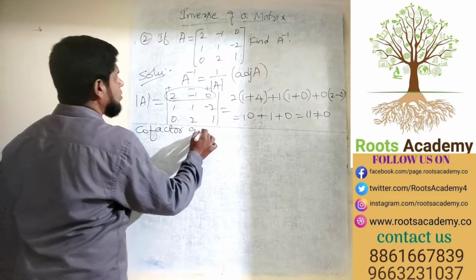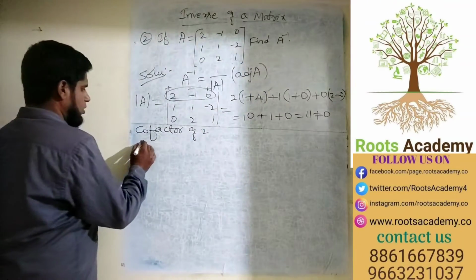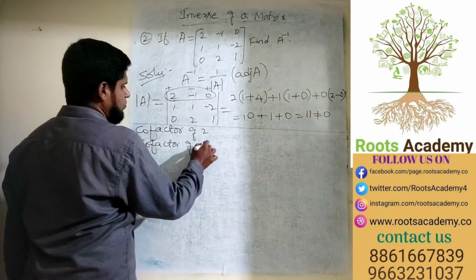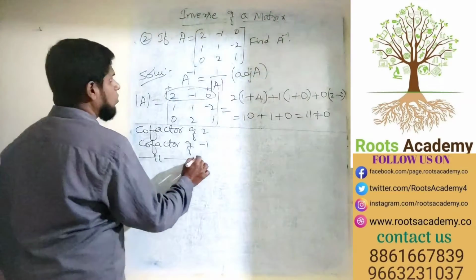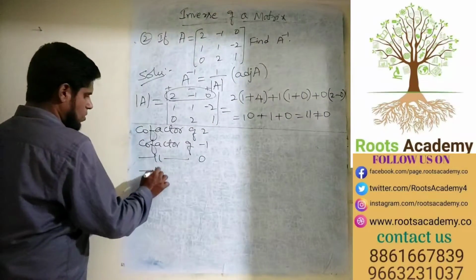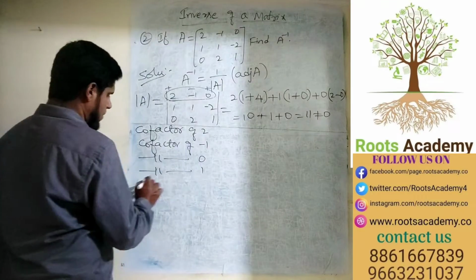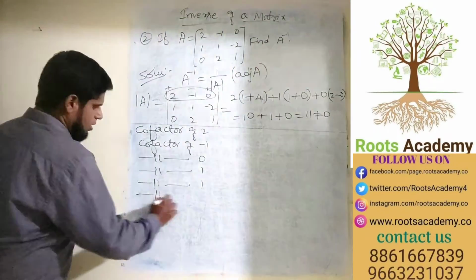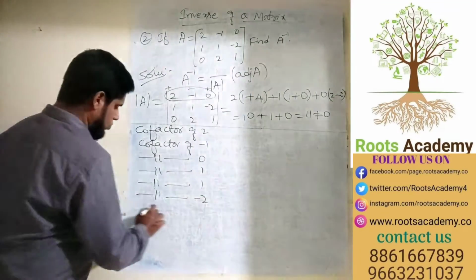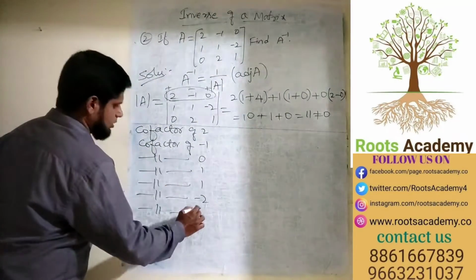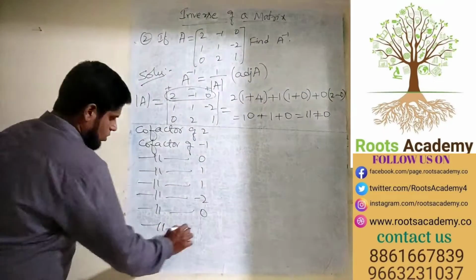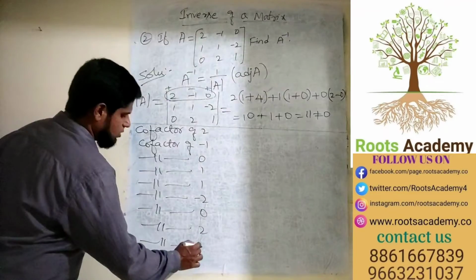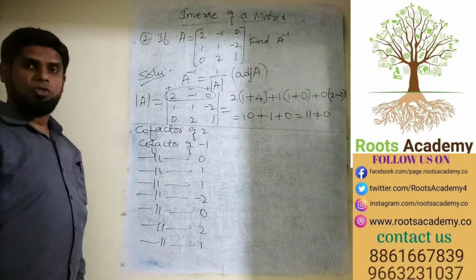So cofactor of 2, cofactor of minus 1, cofactor of 0, cofactor of 1, cofactor of again 1, cofactor of minus 2, cofactor of 0, cofactor of plus 2, last is cofactor of 1.